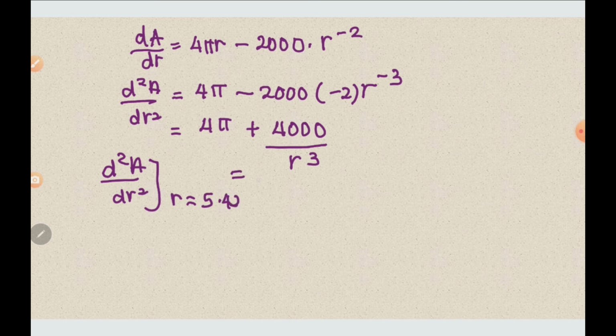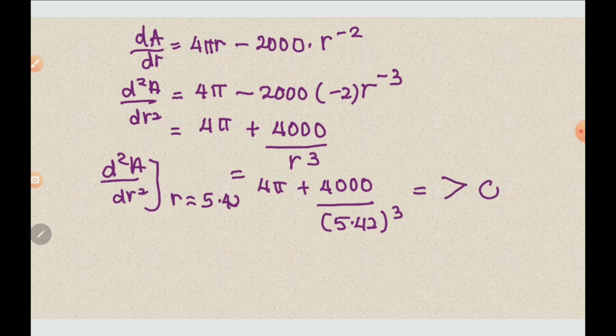The answer will be 4 pi plus 4000 over 5.42 cubed, and the answer will be more than 0. It is a positive value. When you get positive, it means you will have the minimum surface area.